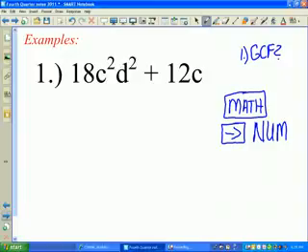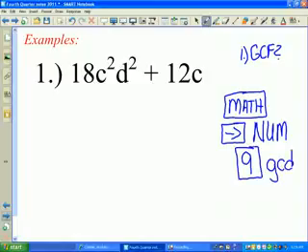Once you get there, you're going to go to number 9, or you can type in 9, and it will take you to what says GCD. And you're probably saying, well, Ms. Conner, aren't we dealing with GCF? Yes. Greatest common factor is the same as saying greatest common denominator, or the greatest common divisor. So many people had so many interpretations of it, but it's the same process.